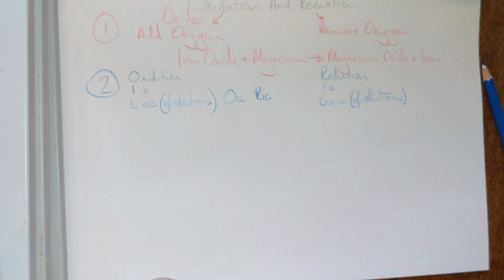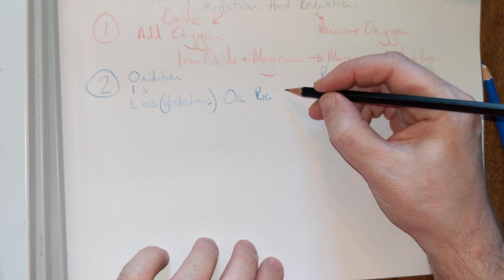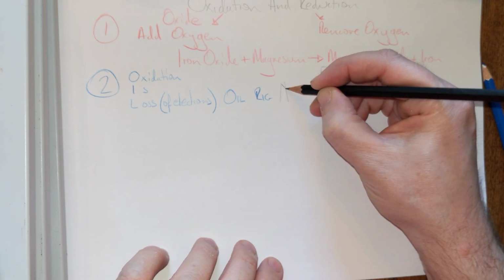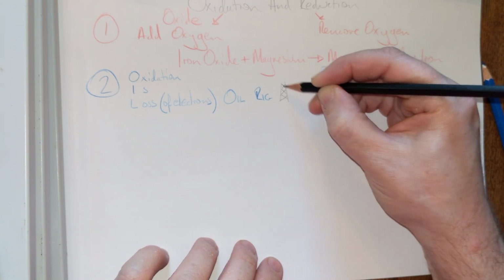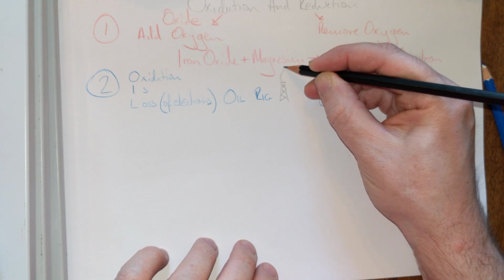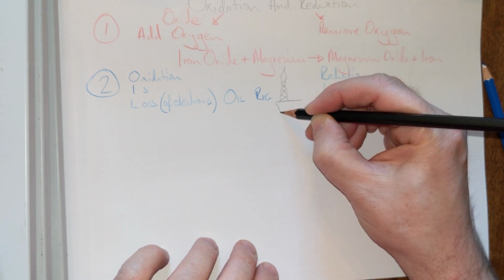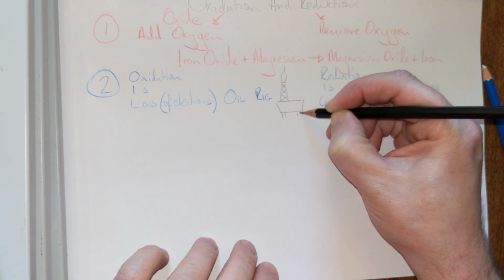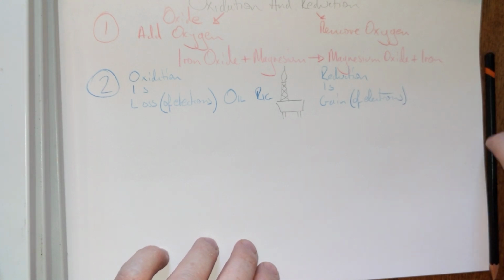That is probably one of the first mnemonics I remember from science, or from any lesson, in fact, when I was a kid. And it still lives with me to this day. You'll be excited to know. So let me just draw a little oil rig there, just to illustrate the point.